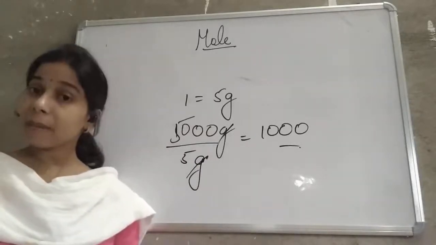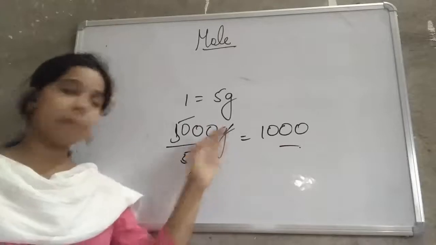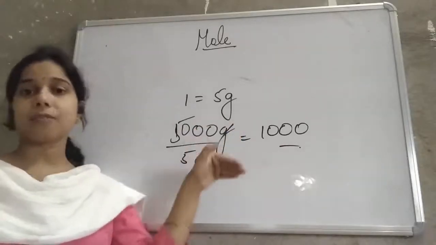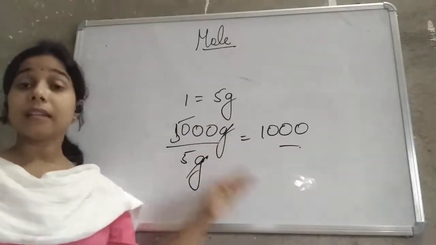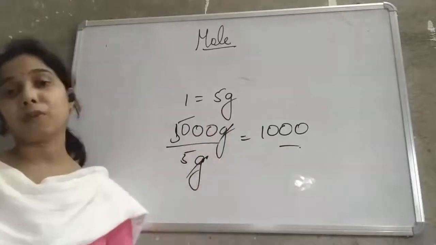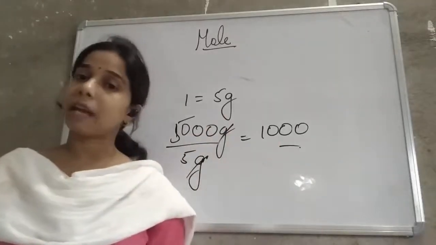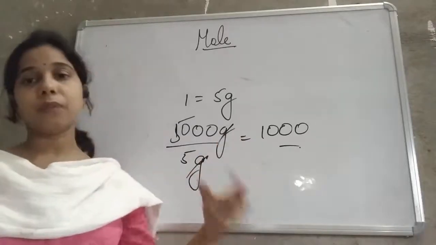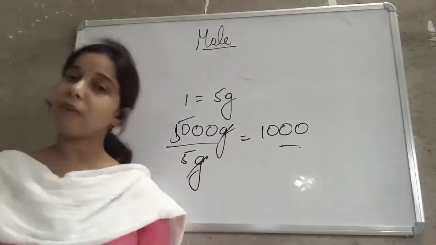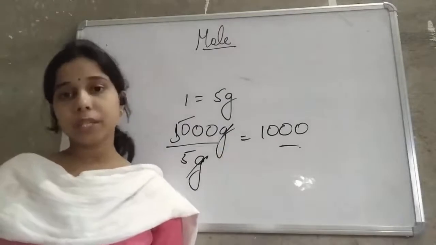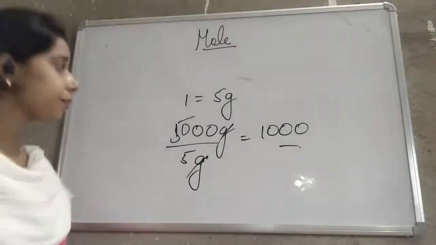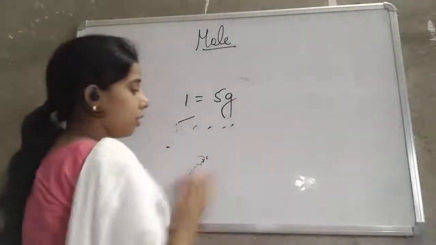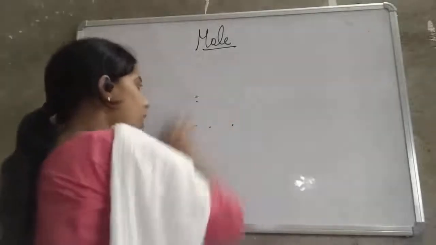So you can understand that by weighing the mass of a substance, it is easier to find the number of particles present in that substance. The mole is a concept which helps in finding the number of atoms or molecules in a given substance.